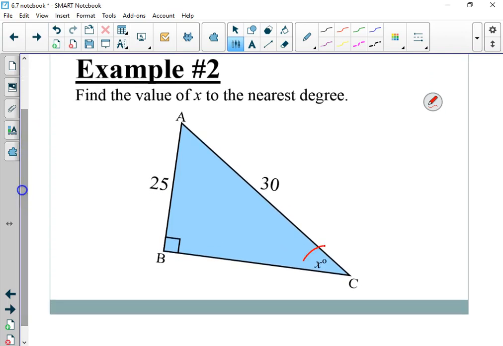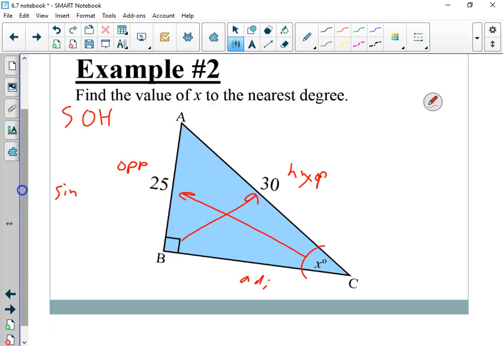So again, here's my variable, unknown angle. Over here is my opposite. Down here, what I don't have is my adjacent, and what never changes is the hypotenuse. So I have opposite and hypotenuse, that's O, which is SOHCAHTOA, sine. So I do sine of x, unknown, equals opposite over hypotenuse.